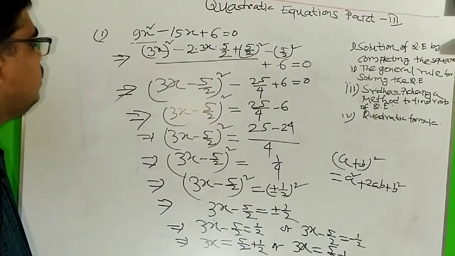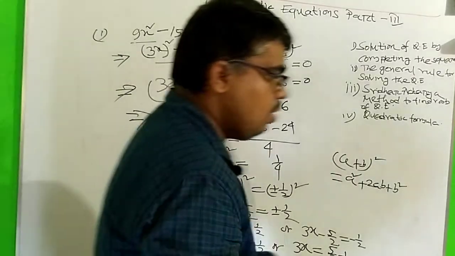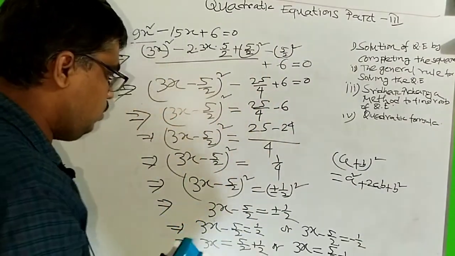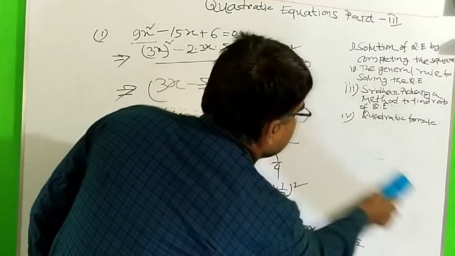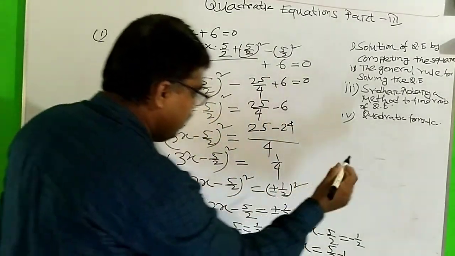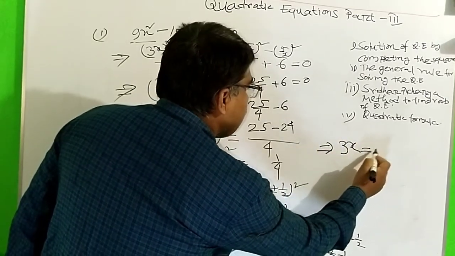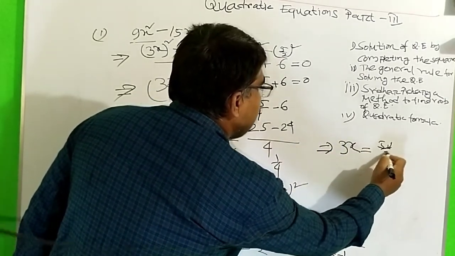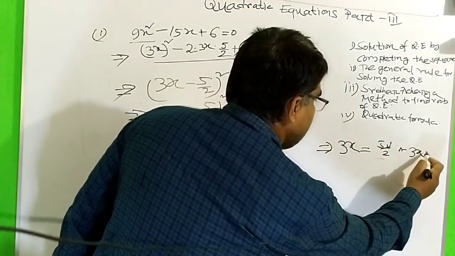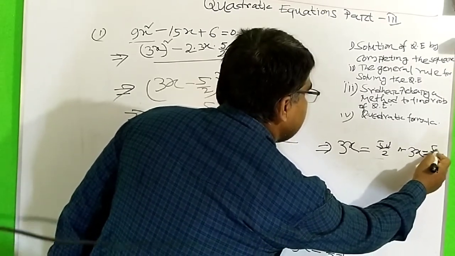Okay, is it clear? Now we write, this implies 3x equal to 5 plus 1 by 2, or 3x equal to, 2 is the LCM, 5 minus 1 by 2.